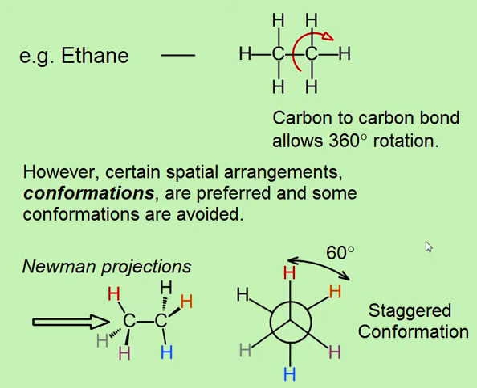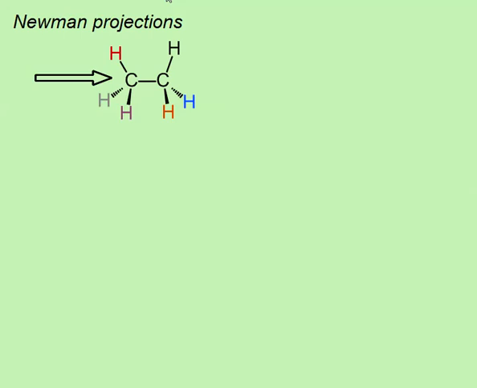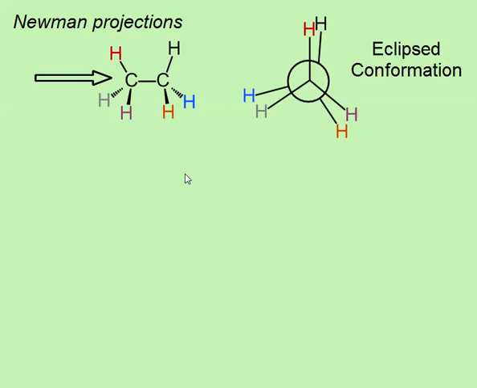Now the alternative conformation that we see and use quite a lot is what we call the eclipsed conformation. So there's been a slight rotation through the carbon to carbon bond here, and it's now putting each CH bond on top of one of the CH bonds on the second carbon at the back of that carbon to carbon bond.